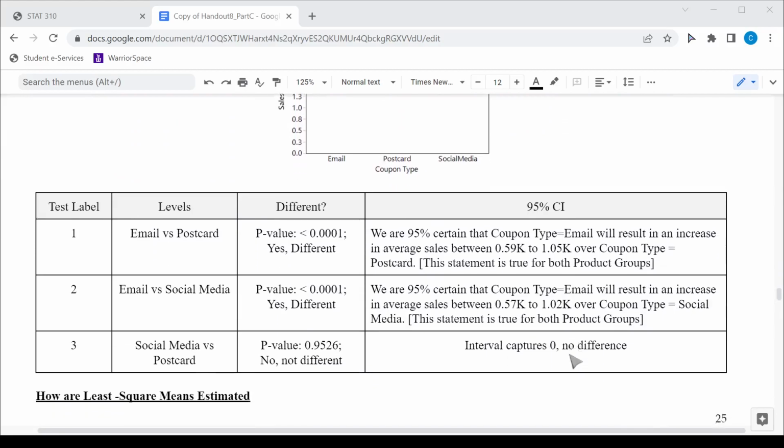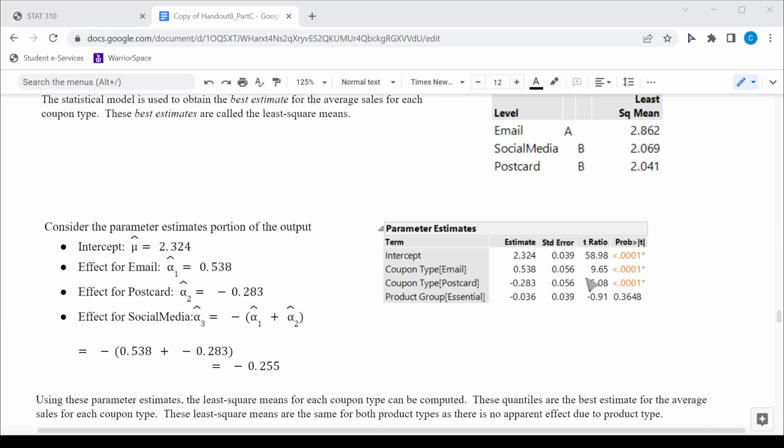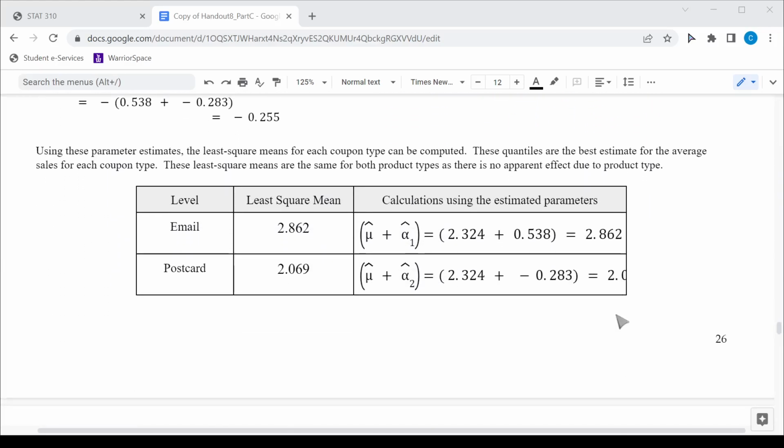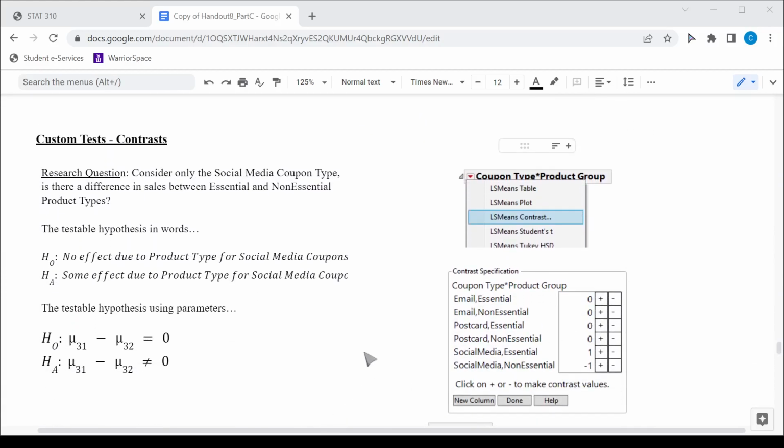Okay. A little bit about how the least square means are estimated. So just kind of walking through that model. We won't have to worry about that here. I have a custom test being done down here. Okay, so again, the idea of a custom test is that I get to combine groups, which will sometimes increase my power. So here it looks like I'm comparing, is there some effect to product type for the social media coupons?